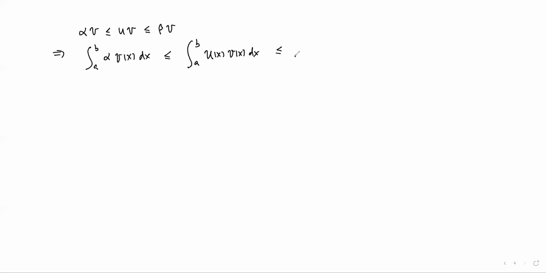Okay, now alpha ≤ V ≤ U times V ≤ beta times V. Now I take the integral on these two inequalities, then I get the integral from a to b of alpha V(x) dx, the integral from a to b of U(x)V(x) dx, less than the integral from a to b of beta V(x) dx.